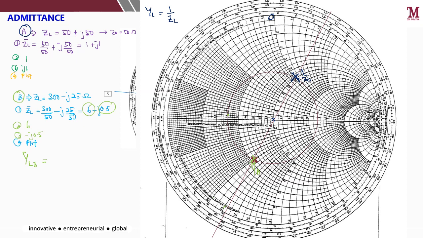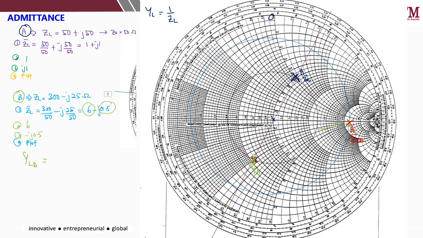So 6 is here, and then 0.5 is there. It's crossing there. Okay, so this is your point B, ZL of point B.